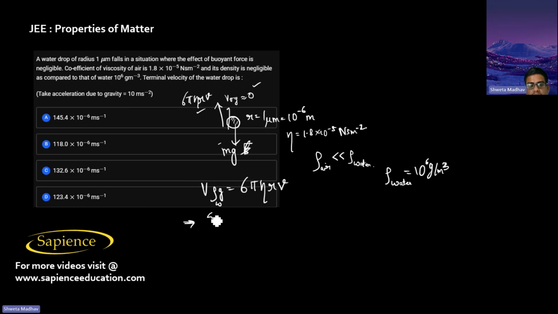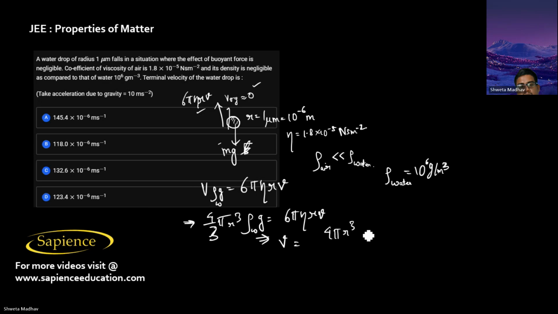And volume is obviously 4 by 3 pi r cube. Density of water into g, that is equal to 6 pi eta rv. So hence the terminal velocity will be 4 pi r cube rho w into g divided by 3 into 6 pi eta r.